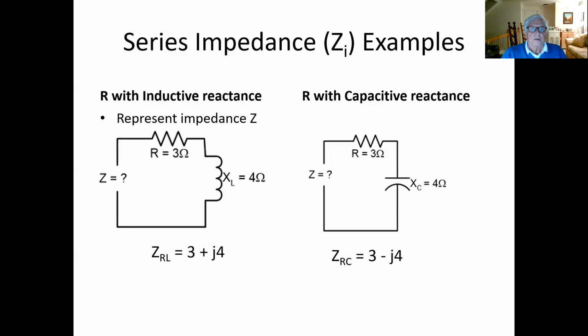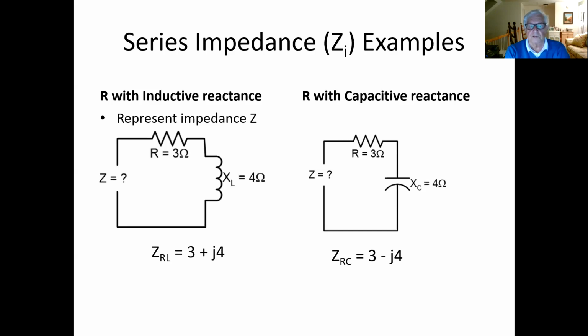So if we first want to use complex numbers to define an impedance, you know the impedance value is normally the square root of R squared plus the square of the reactive component.